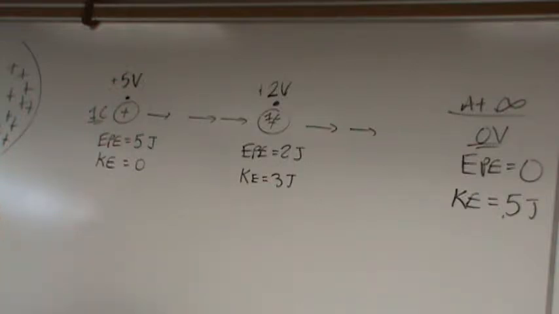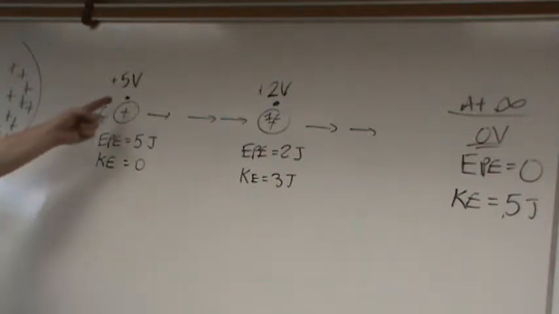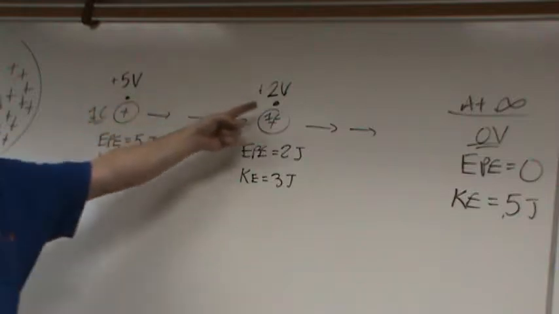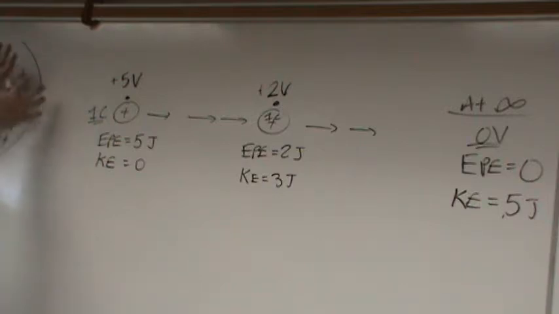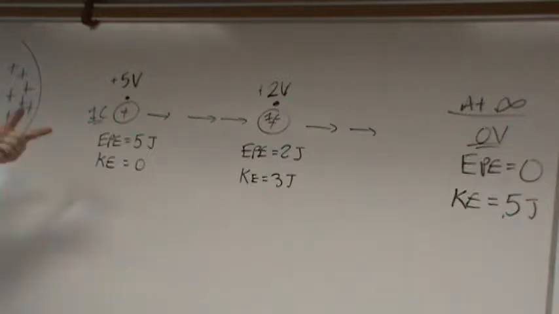Okay, here's the next thing. Let's suppose I have this point here being 5 volts and that point being 2 volts, and I have no idea what's causing it. This positive repository of charge, let's say we don't even know it's there or we can't see it, we don't know why that's happening.